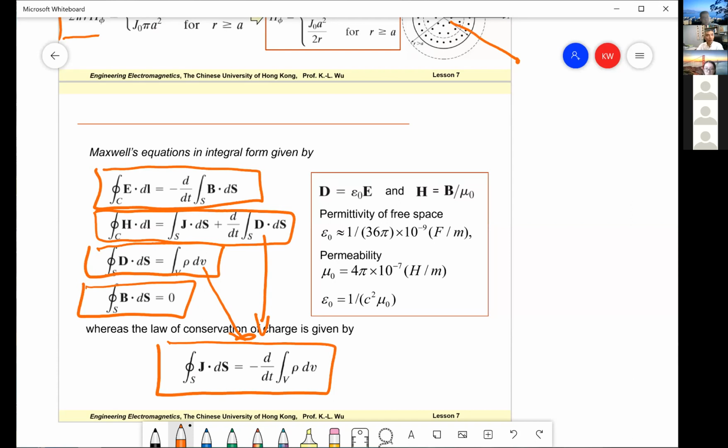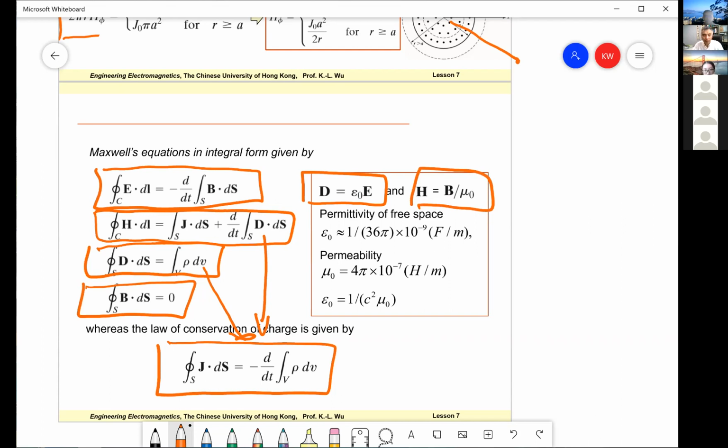We also introduced two variables in addition to B and E: D and H. D is a flux density, and H is a field intensity.